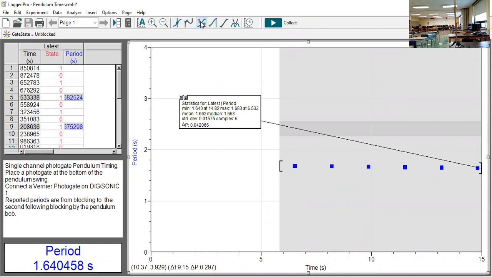And you can see that the average is 1.662 seconds. The standard deviation is 0.0157. So that means I can have confidence in the data to probably the 100th decimal place. So I'm just going to write down 1.66.